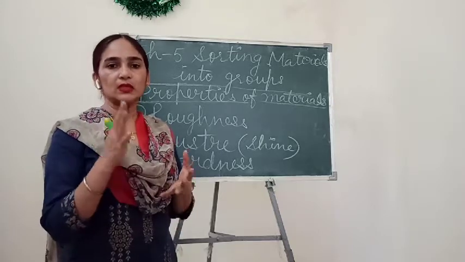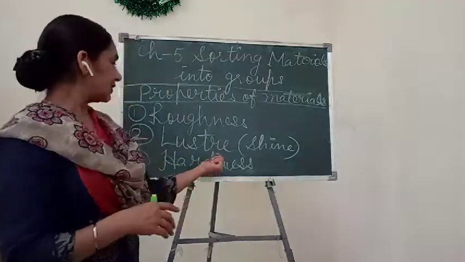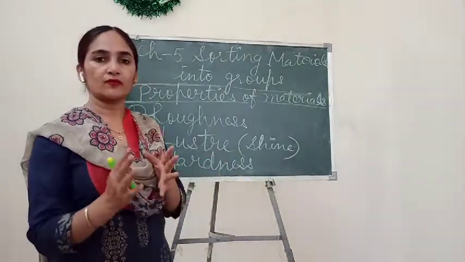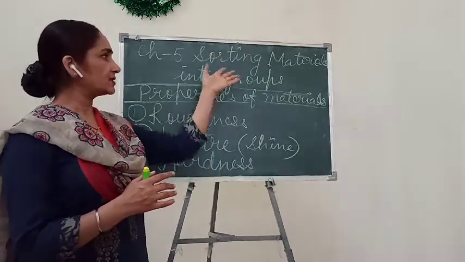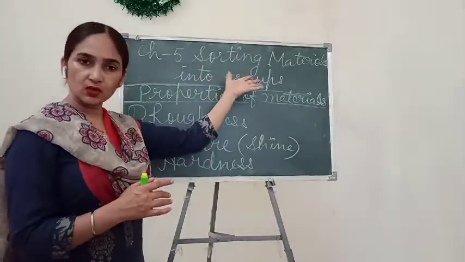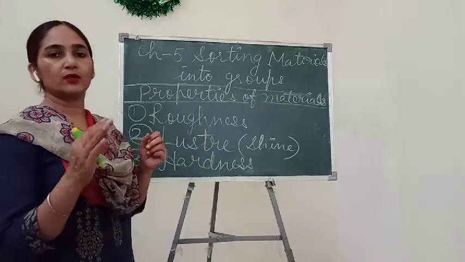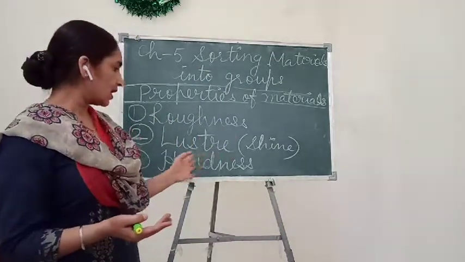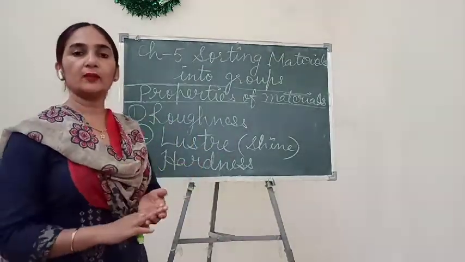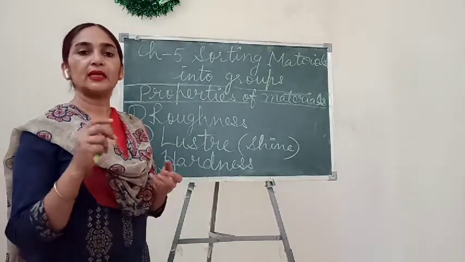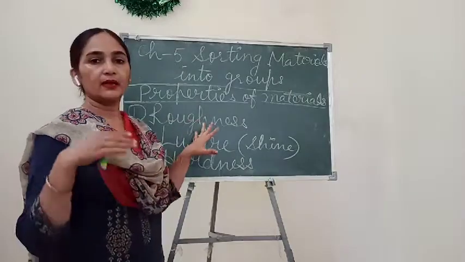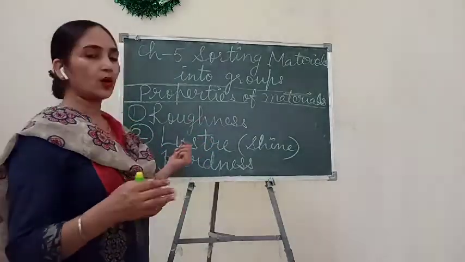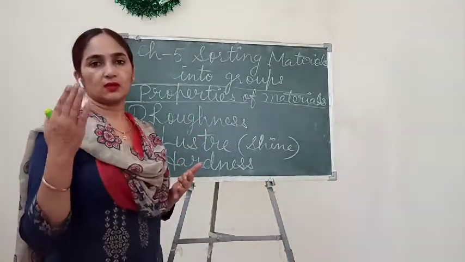So on the basis of hardness or softness also we can sort out the materials into different groups, because hardness is one of the main properties of materials. Okay, children, after this, in the next video we will study the fourth property.